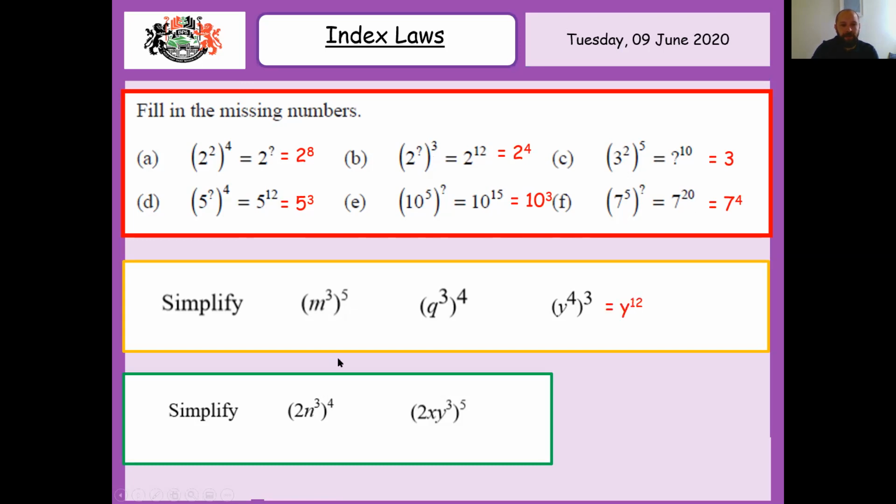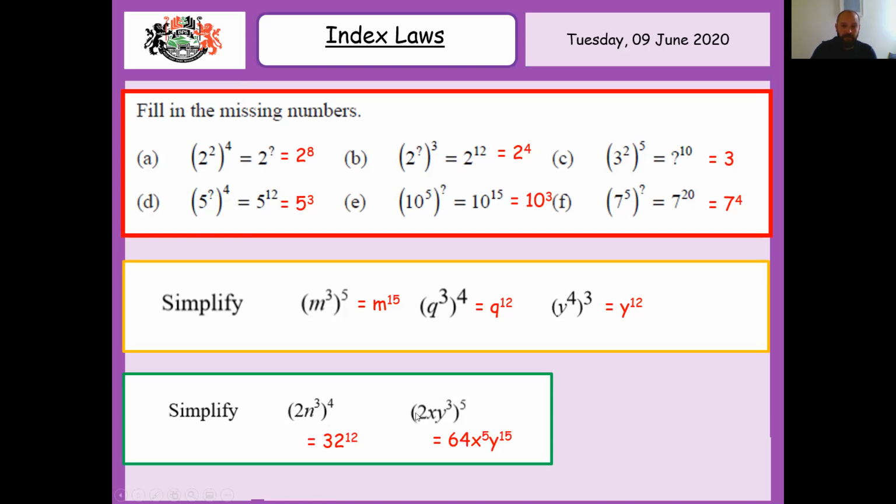Okay, then we switch to algebra, but it doesn't bother us. Just multiply the powers. Down here, the most difficult one, what we had to do is deal with the coefficient. So here we had 2 to the power of 4 to deal with in the first instance. 2 to the power of 4 is 32. And then we had to multiply the powers.